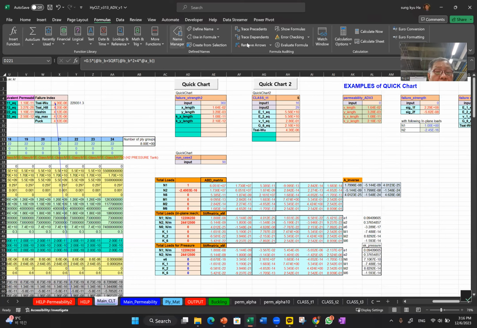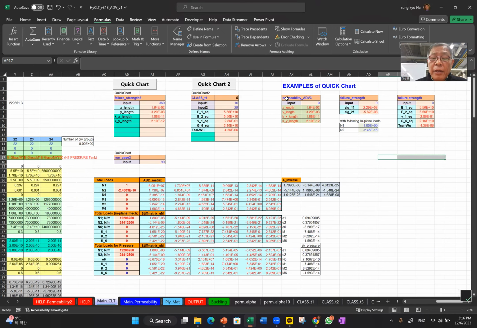Okay, so to draw the circles, I just had a sample quick chart input and output, because you will need this quick chart for many different purposes. So I just have a sample here for your convenience.